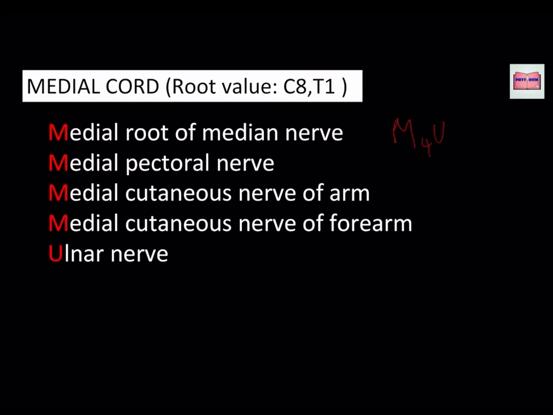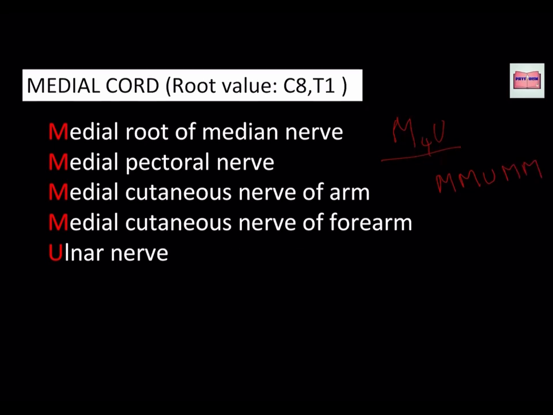So now coming to the medial cord. The root value is C8 and T1. As I previously told, it is C8 and T1. And also the mnemonic I told was M4U, right? You can also remember it like mum, okay? You can also remember it this way. So M stands for medial root of median nerve, another M stands for medial pectoral nerve, and then medial cutaneous nerve of arm, medial cutaneous nerve of forearm, and U stands for ulnar nerve.